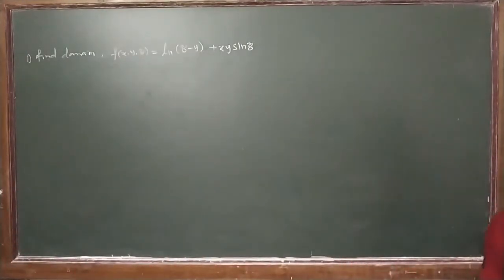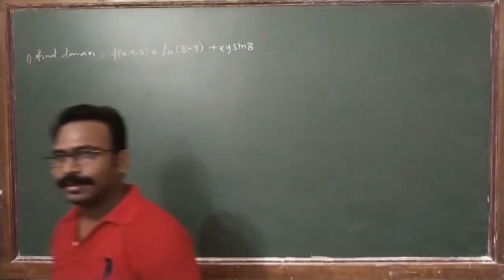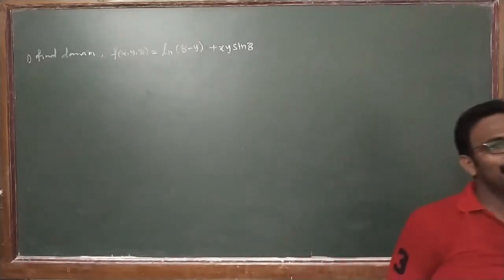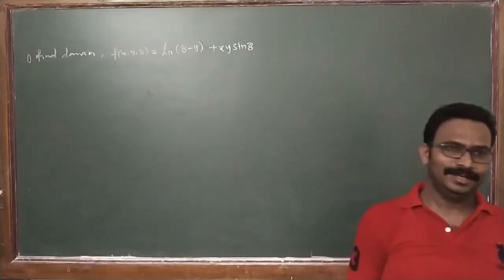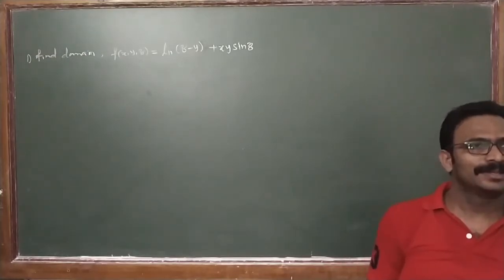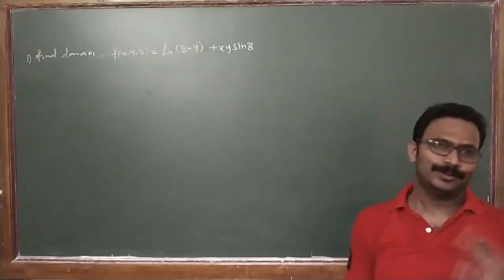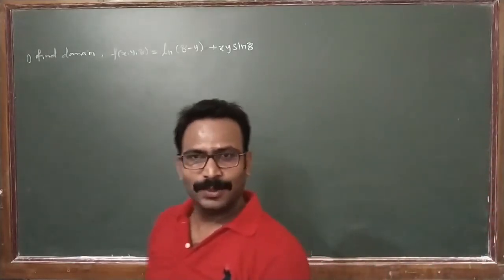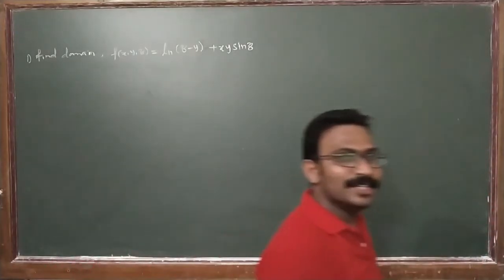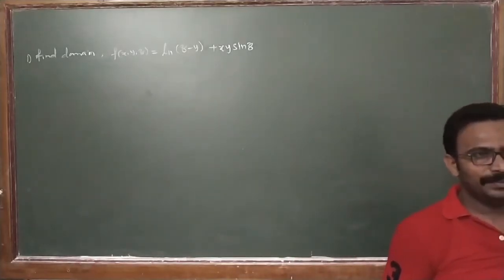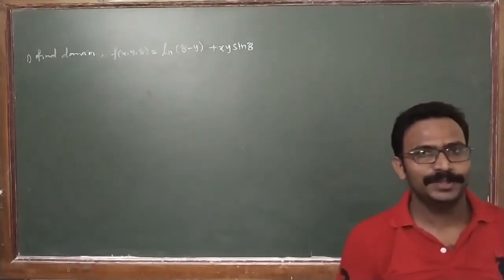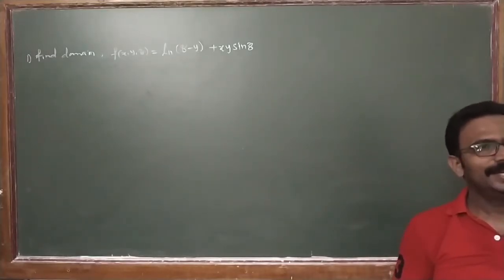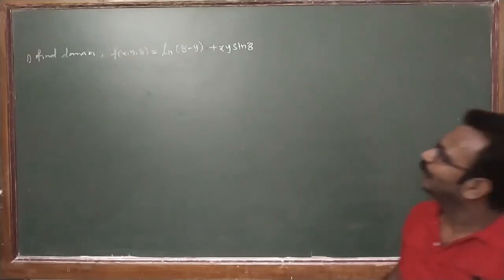The definition of domain is the same. For which points in the input set are we getting an output? Those points of the input set will be in the domain of f. So which points will not provide the output? Which are those problematic points?